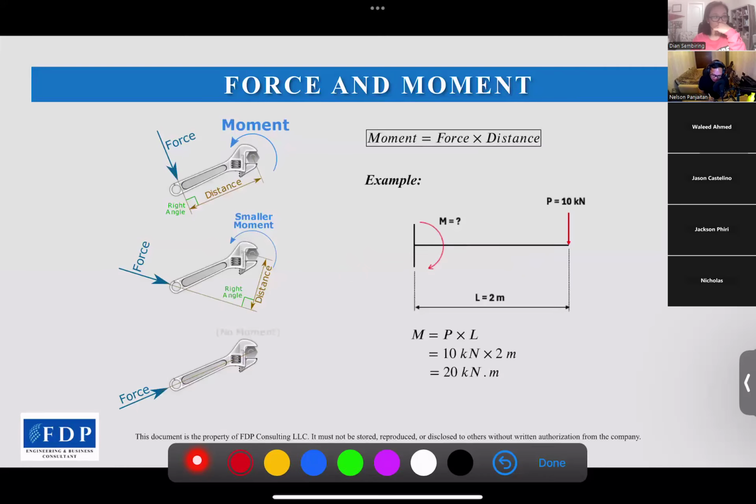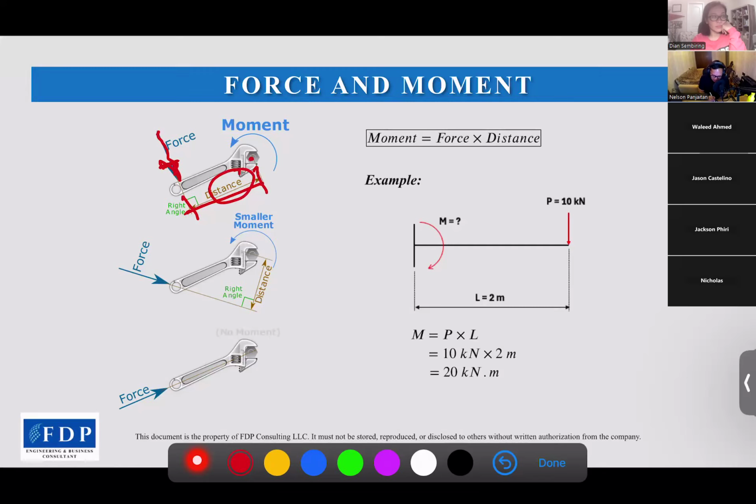We have a wrench right here, and then force acting at the edge of the wrench, and there is a distance to the center of the moment, and the moment will happen because there is a distance right here.